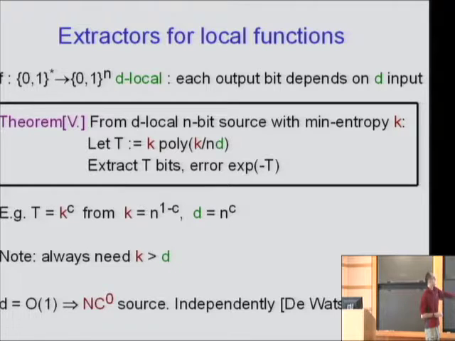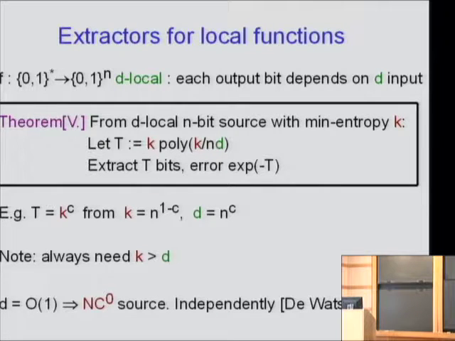So once again, here are functions. See that I don't have any bound on input length, which are d-local, so each output bit just depends on d input bits, and you can get this extractor here. Okay, so if you have a source with locality d, which has min-entropy k, then t is basically k, the min-entropy, times some polynomial in k over nd.